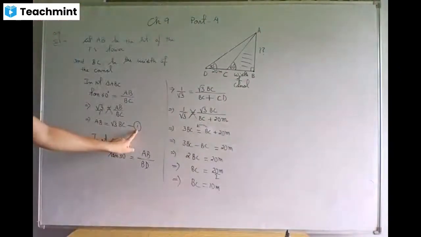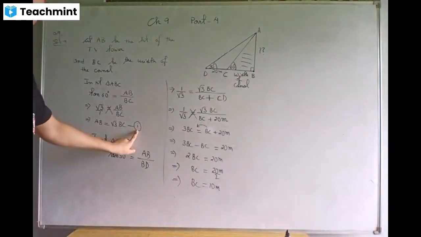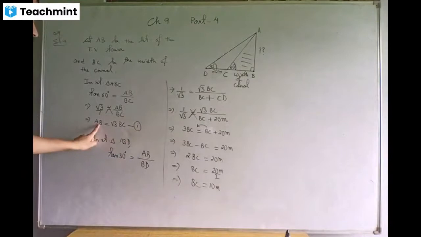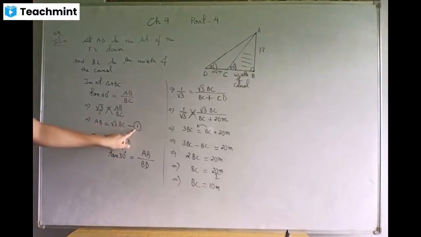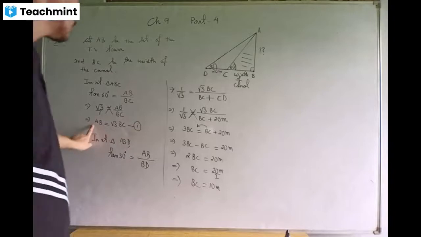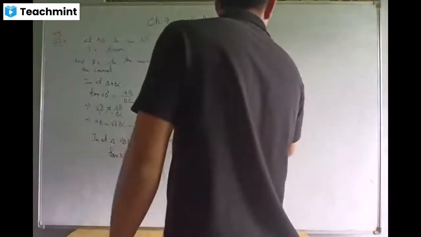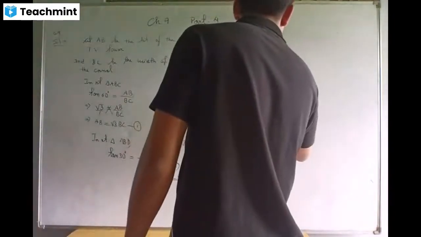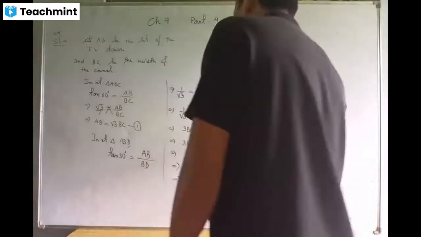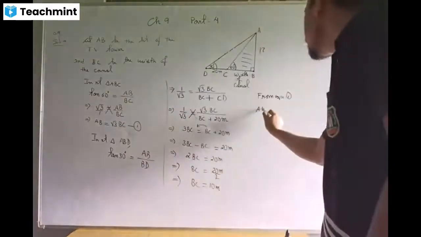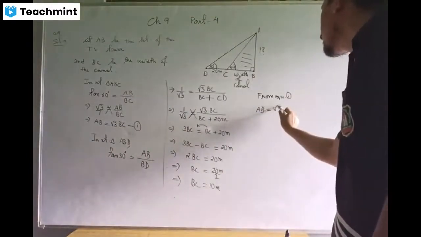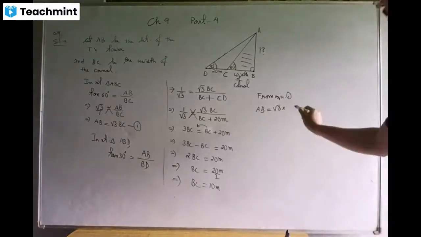So equation 1 gives us the relationship between AB and BC, right? As we know BC, using equation 1, I can find out AB. So from equation 1, AB is equal to square root of 3 times BC.